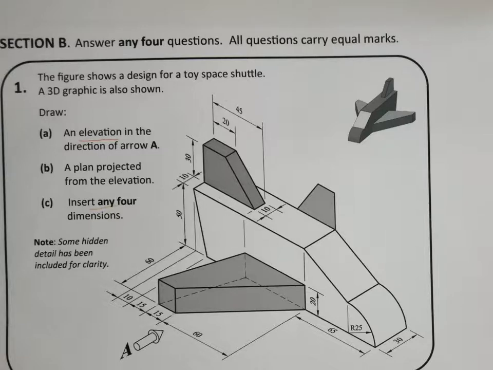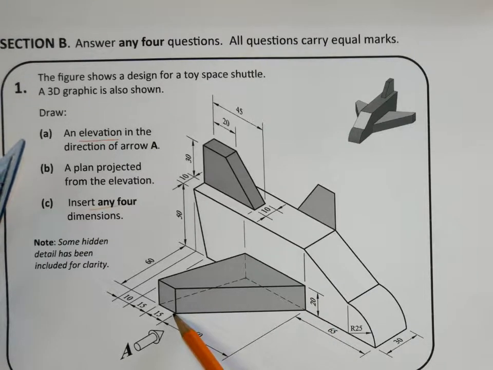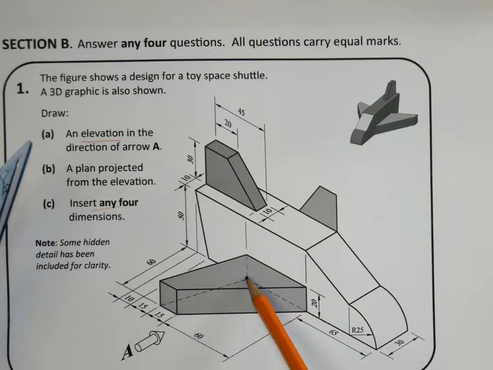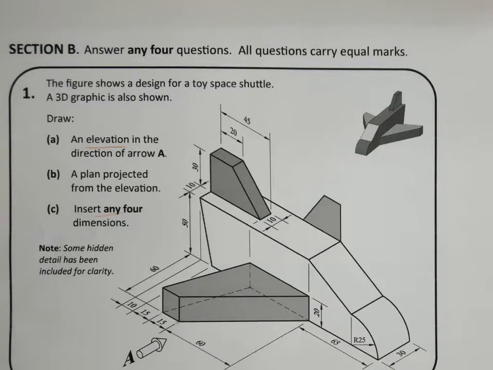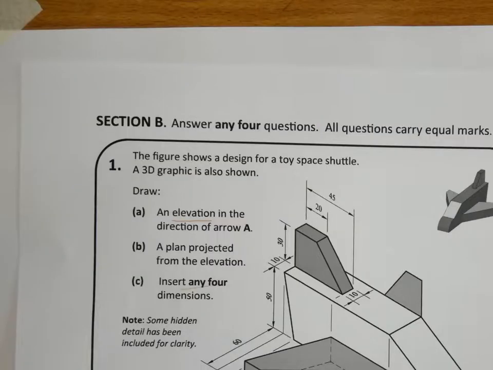So this point here is not in line with that point there. That's very important. So 45 plus 60 plus 65 is 170.